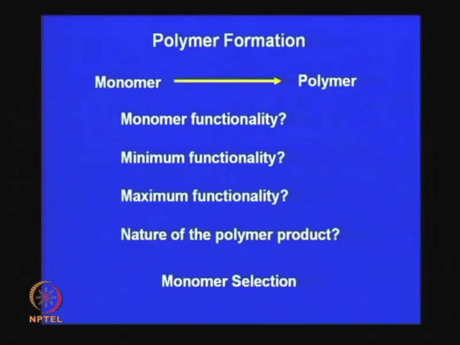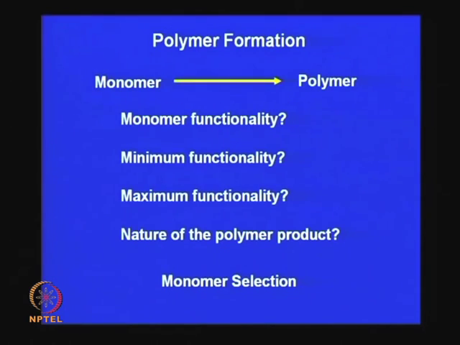There are various principles followed for the manufacture of such polymers, and you have seen from the classification scheme that there are condensation polymers and addition chain polymers, which are manufactured by following certain principles of synthesis.